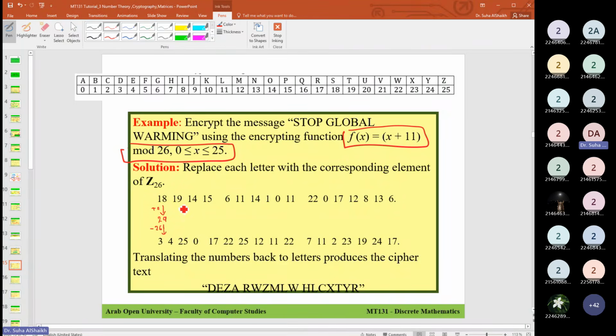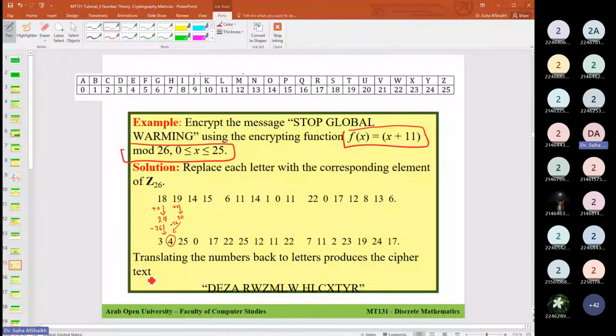Try for the 19. I'm going to add 11. This equals 30. You have to subtract 26. This will give you 4. Now the 14, add 11.